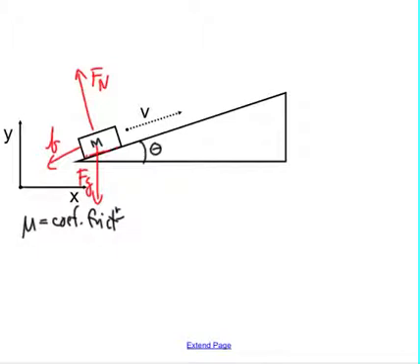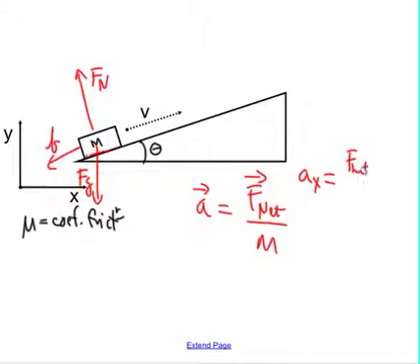From those three forces, we're going to add them up as vectors to get the acceleration of the block, which is a vector, and that equals the net force, F net, which is a vector, divided by the mass, which is a scalar. Now, this vector equation really tells me that the acceleration in the x direction is equal to the net force in the x direction divided by the mass.